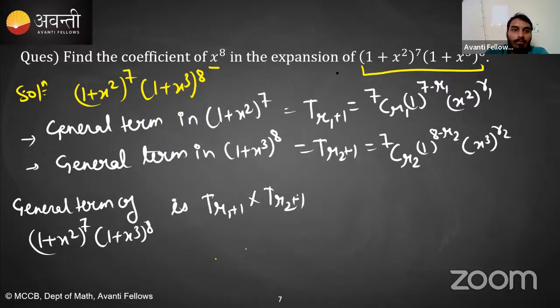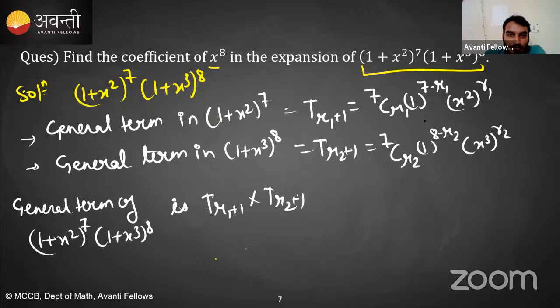So Namrata, what happens is we have to find the coefficient of x raised to the power 8 here. First of all, what is the general term in (1 plus x square) raised to the power 7? T r1 plus 1 is 7c r1, 1 raised to the power 7 minus r1 into x square raised to the power r1, right? Similarly, I can write the general term for (1 plus x cube) raised to the power 8.